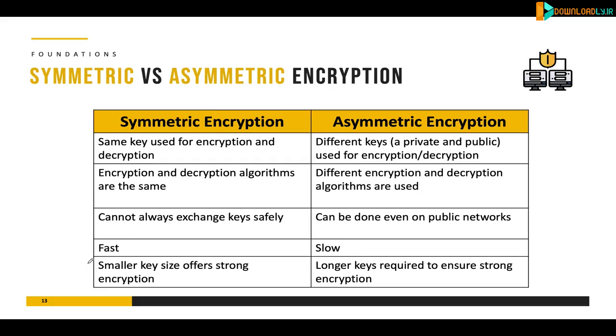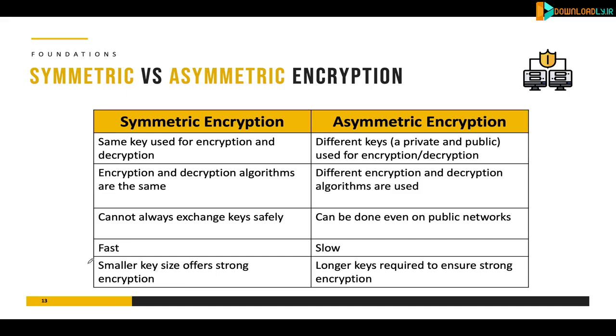But in asymmetric encryption, we have different encryption and decryption algorithms because we are using different keys for encryption and for decryption. A major problem with symmetric encryption is that it is not always possible to exchange keys safely, because to start the encryption process, the two ends need to have the same key, and there is no way to exchange these keys without incurring some sort of risk.